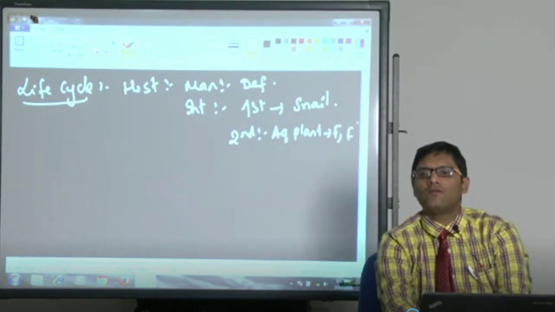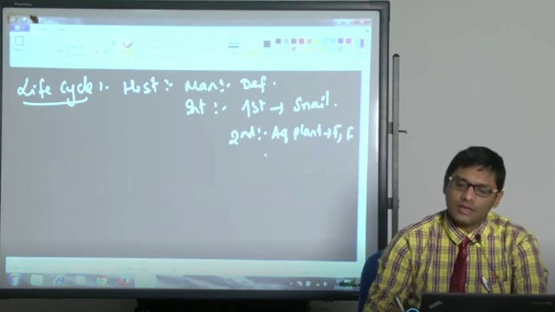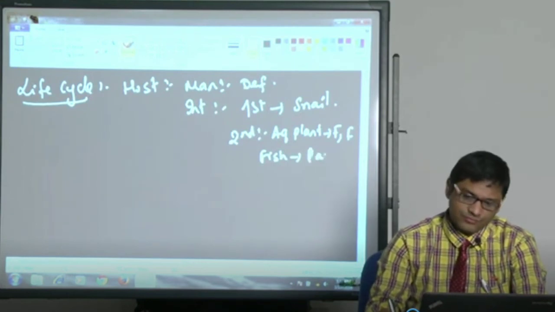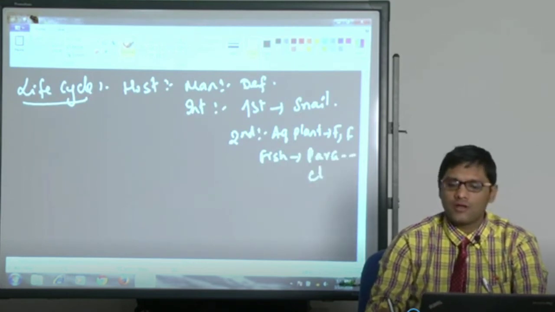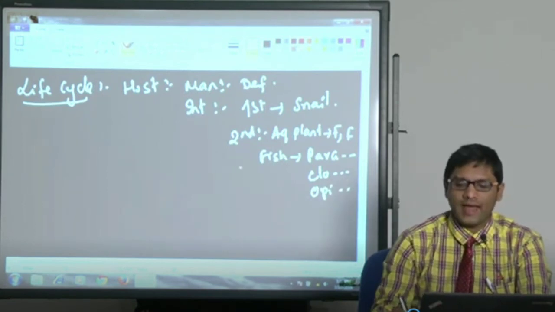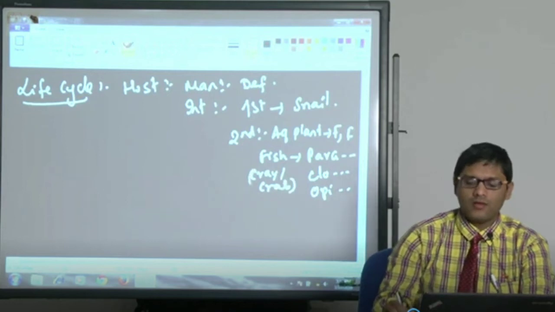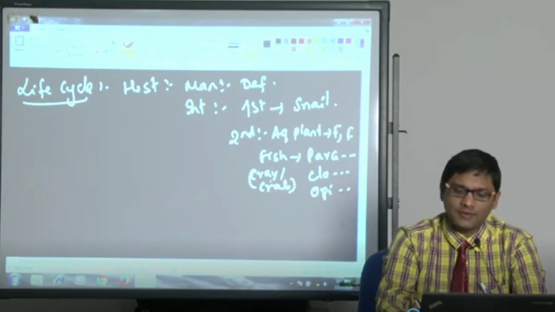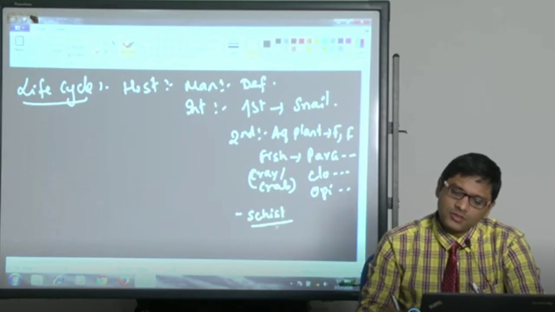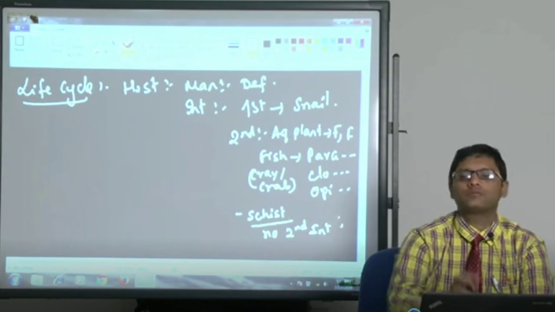F for Fasciola and Fasciolopsis. Whereas the second intermediate host is fish or crayfish for Paragonimus, Clonorchis and Opisthorchis. What is remaining? Schistosoma. For Schistosoma, there is no second intermediate host.